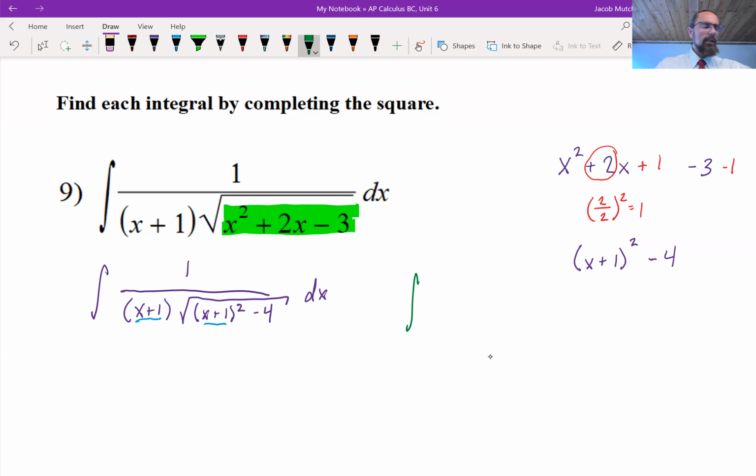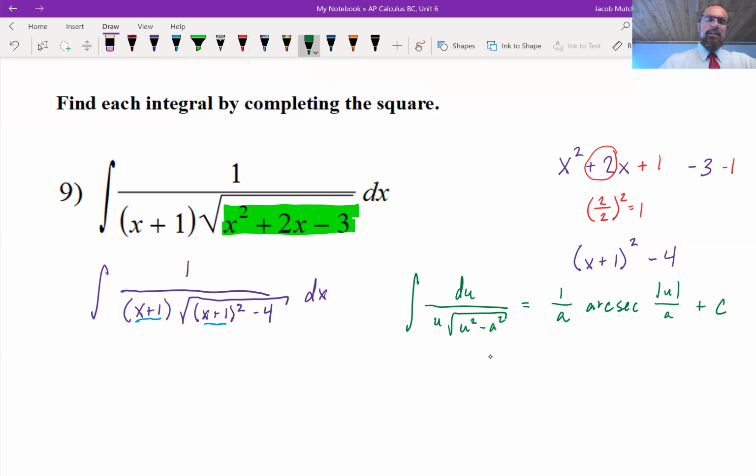And this one is going to look like this. The integration of du over u times the square root of u squared minus a squared is going to equal 1 over a times arcsecant of the absolute value of u over a plus c.